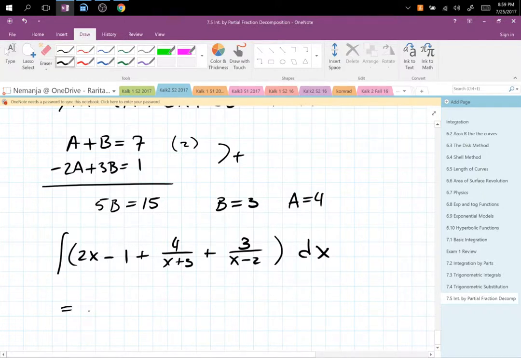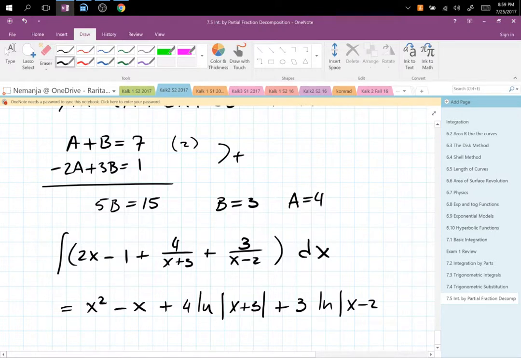Integral of 2x is x squared, minus x, plus 4 ln of absolute value x plus 3. Don't forget absolute value. You need to have that. Plus 3 ln absolute value x minus 2, plus C.